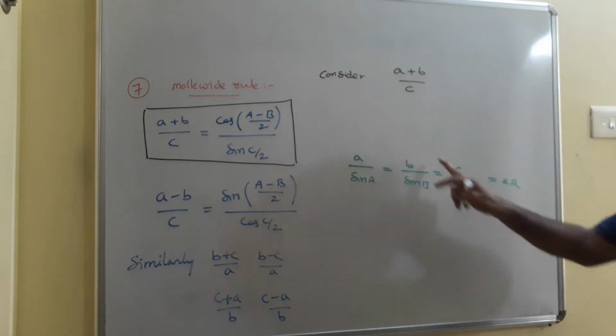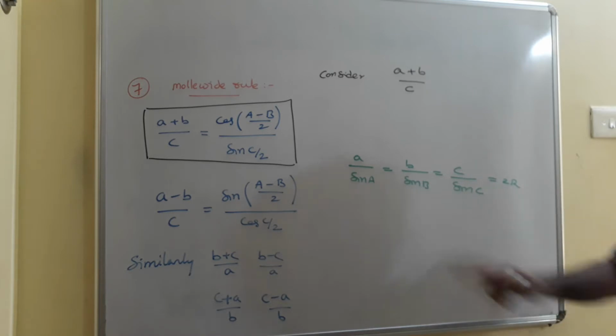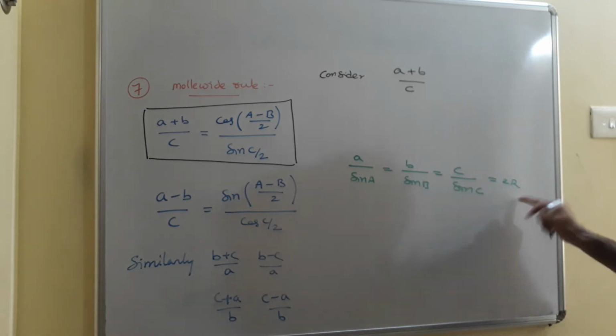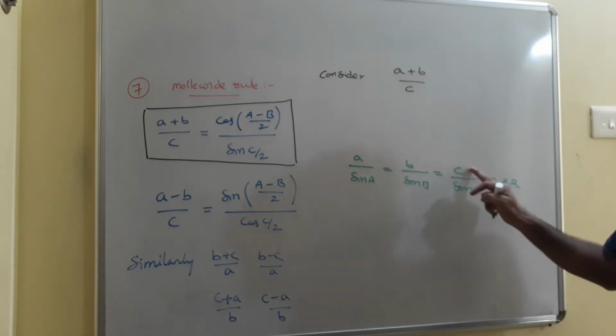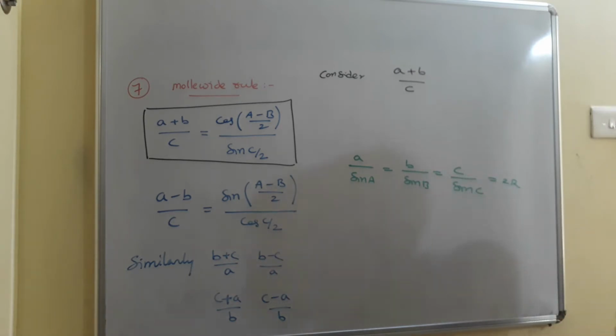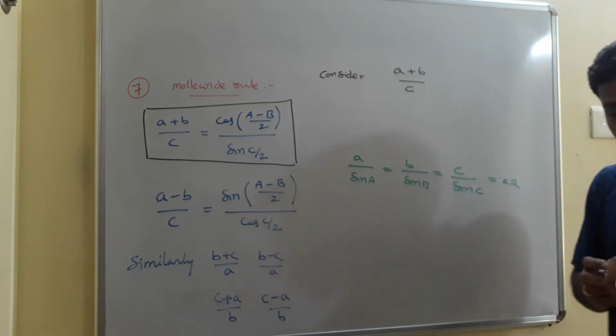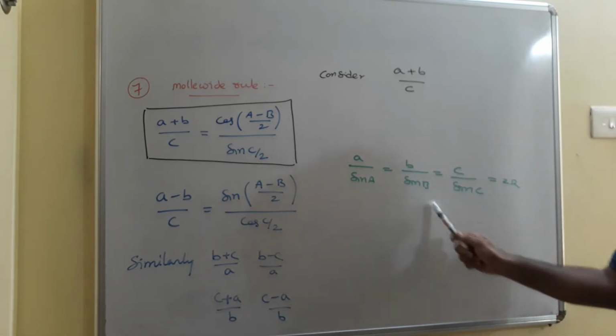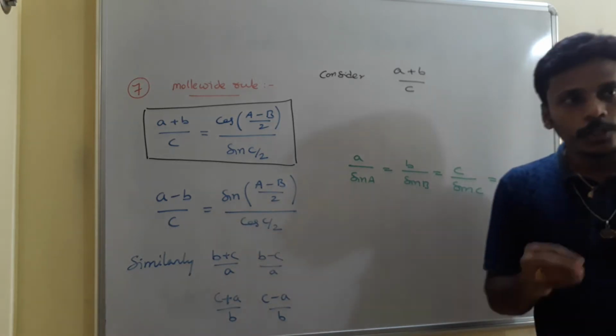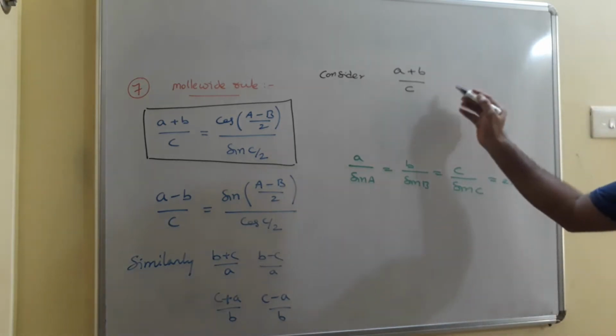Since a by sin a, b by sin b, c by sin c is equal to 2R, a is equal to 2R sin a, b is equal to 2R sin b, c is equal to 2R sin c. So I had a chance to write a, b, c as 2R sin a, 2R sin b, 2R sin c. You just use those things in that (a plus b) by c.